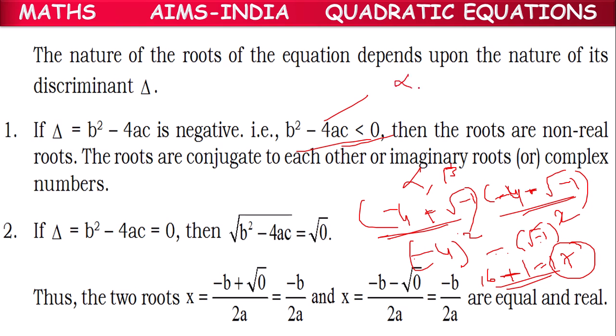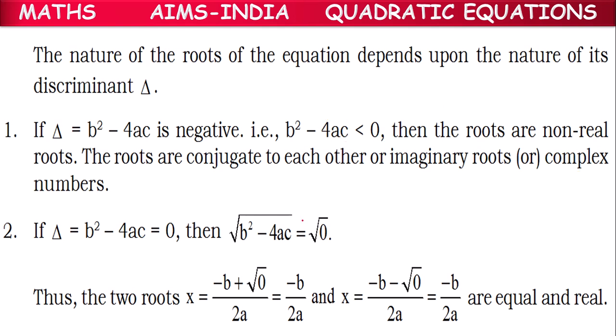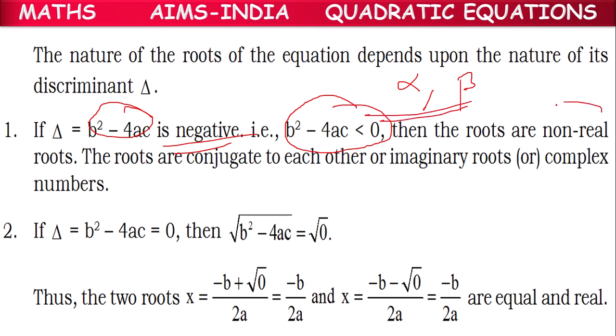So alpha is not real. Its value is minus 4 plus root of minus 1. Beta is not real. Try to understand, children. If the discriminant is negative, if b square minus 4ac value is less than 0, then alpha is not a real root and beta is not a real root. Both are non-real roots, imaginary roots, complex numbers.